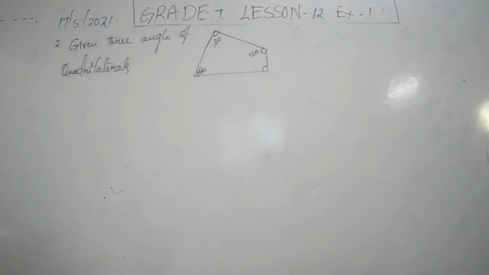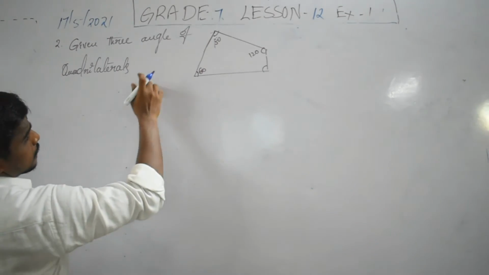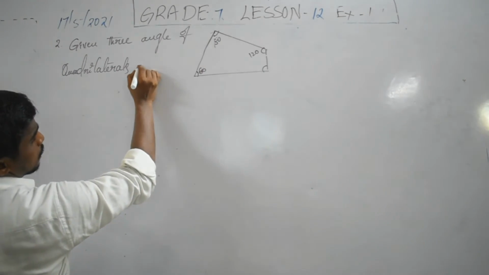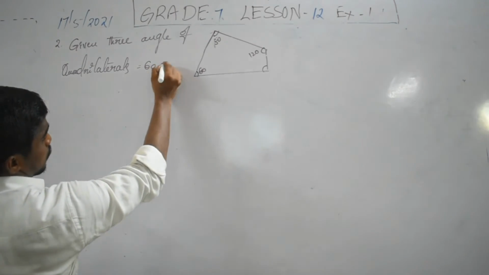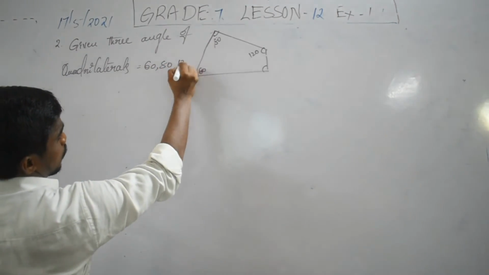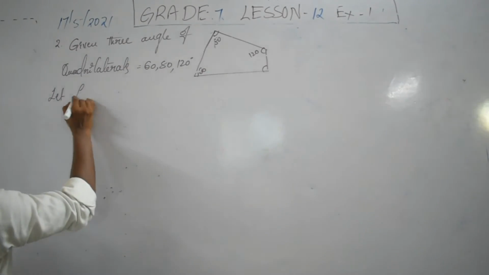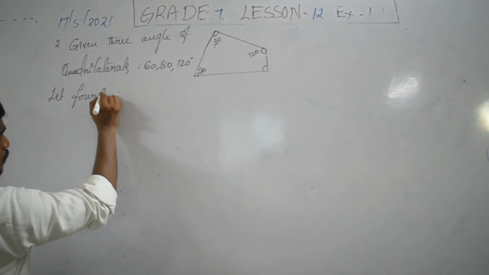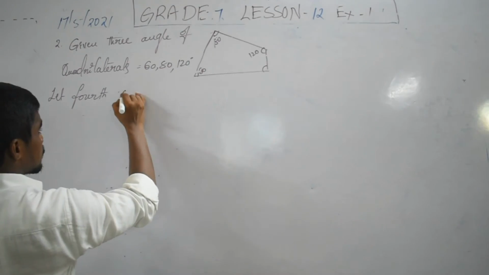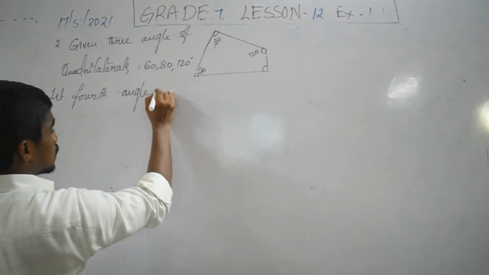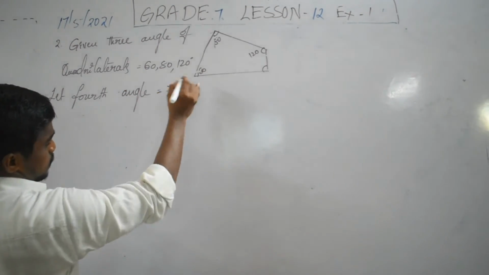Given three angles of a quadrilateral, 60, 80, 120 degrees. Let the fourth angle be x.